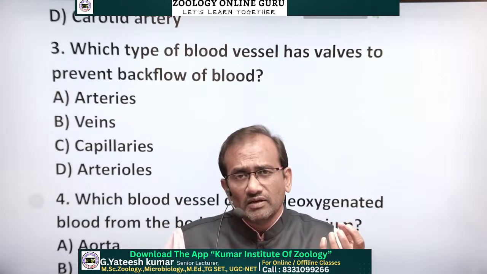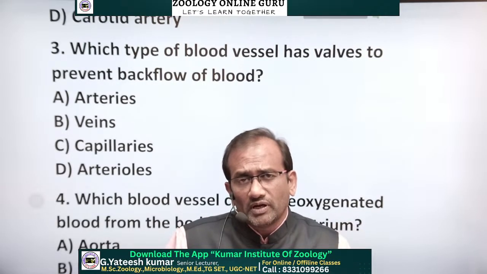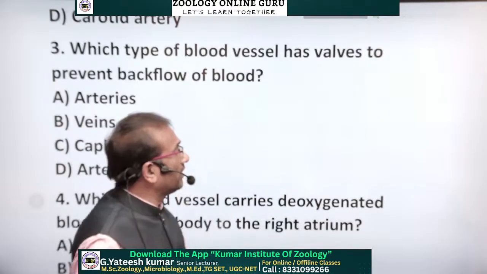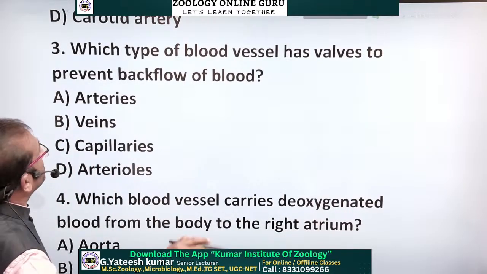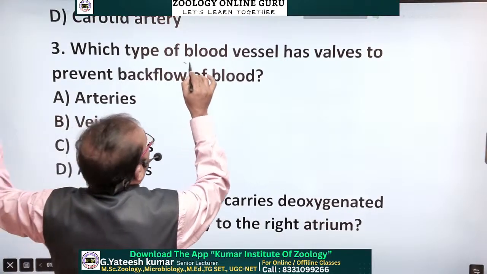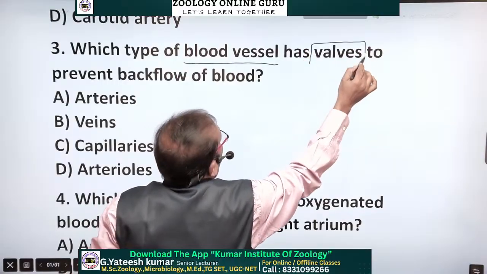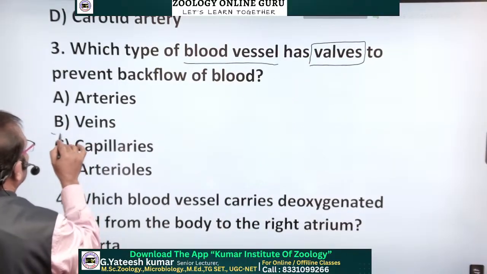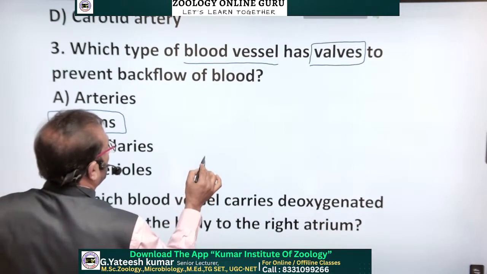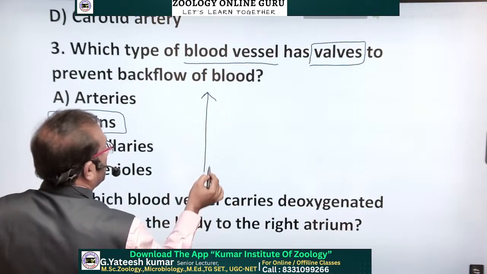The blood wants to come down because of the gravitational pull. That's why inside the veins we have valves. The blood vessels with valves are veins, because they are coming from bottom to top.